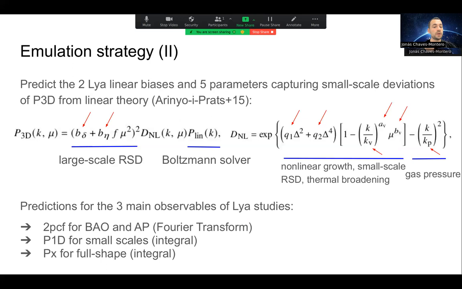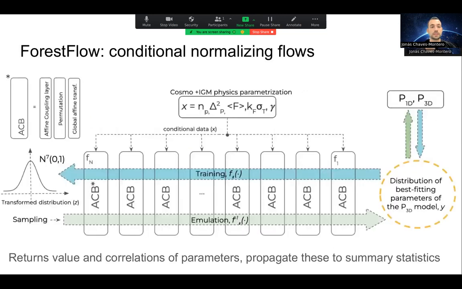We integrate the perpendicular modes to get the one-dimensional power spectrum that is used in small-scale analysis, for example, to get the neutrino mass or the amplitude and slope of the power spectrum on these scales. We can also integrate the perpendicular modes in a different way to get the cross spectrum. That is an attempt to do a full shape analysis of the Lyman-α clustering.